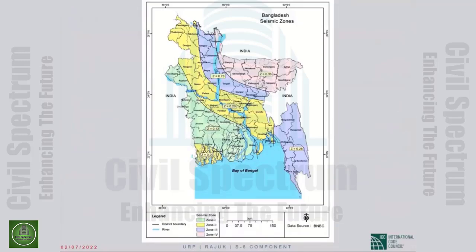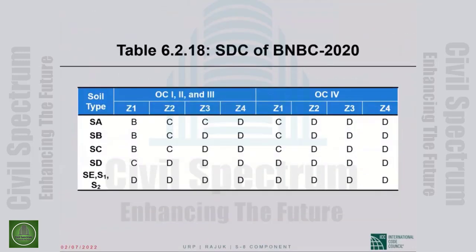Okay, the zone map. The BNBC gives you, like so many other things, the design categories in this table. You don't have to do anything. Okay, so the site class and the seismic zone of your structure and the occupancy of your structure. If you know your occupancy, so let us say an office building in Dhaka, so that would be zone 2.